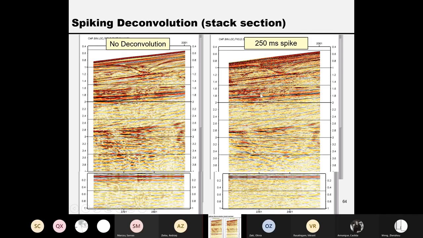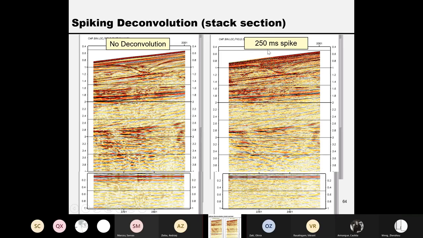After the spike decon with a 250 millisecond filter length, the result looks like this. So let's start with the visualization of autocorrelation. Before deconvolution, you have a zero lag and the dominant period here.